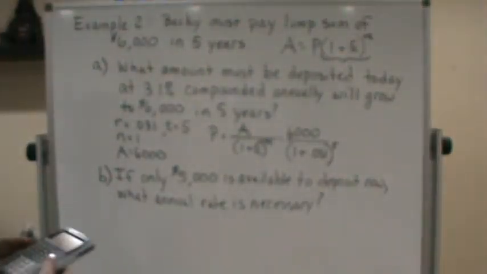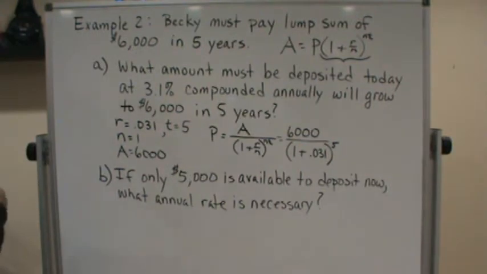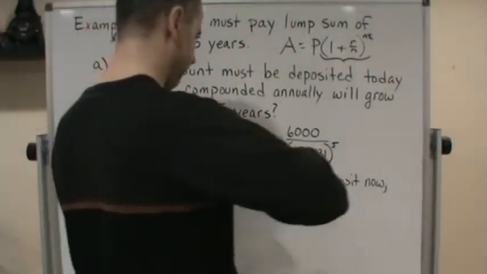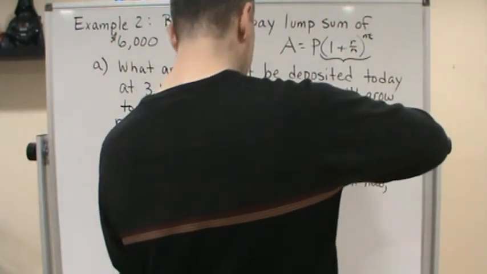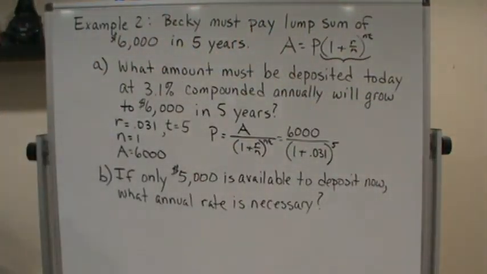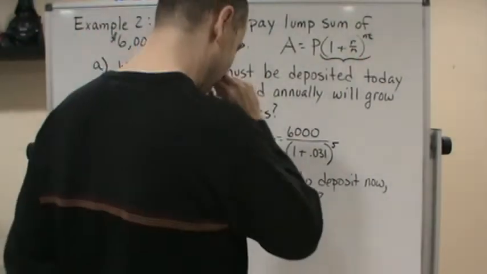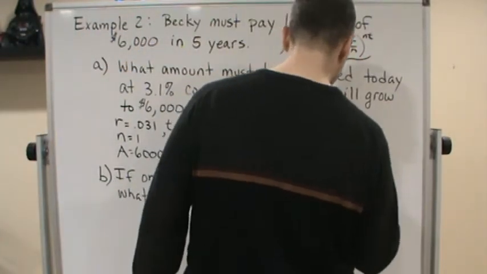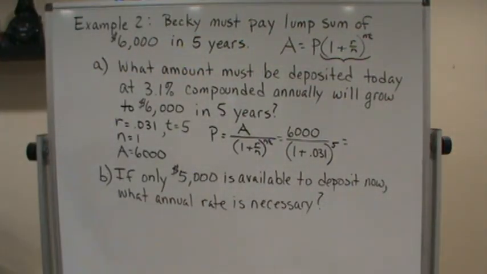Okay? So again, I'm going to round to the nearest penny, which is going to be $5,150. Now, here's the thing. Since I need an amount, and since I'm rounding, in this case, since I have a goal I need to reach, I don't want to round down, so I'm going to round up.